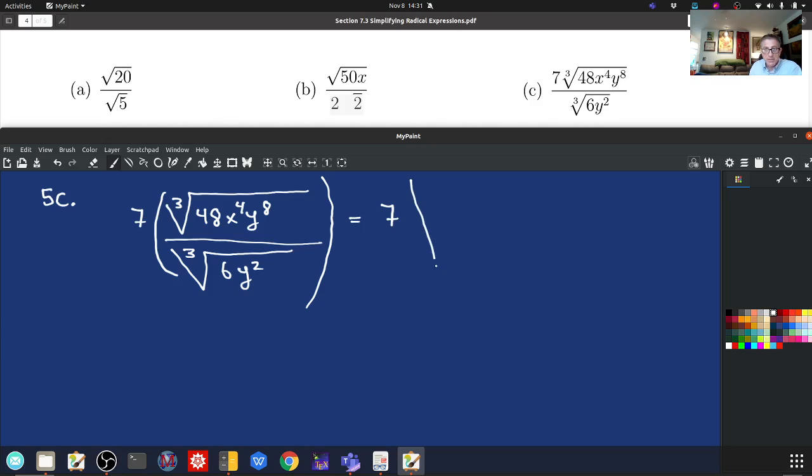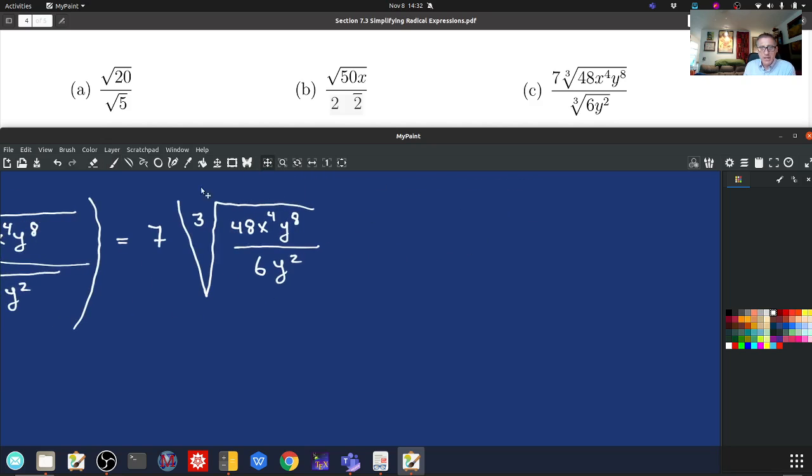I have 7 times one big huge radical, and the index is 3. So that's going to be equal to 48 x to the 4th y to the 8th divided by 6y squared. So let's go ahead and simplify this out. I'm hoping you're seeing what I'm seeing. It's going to be far easier.